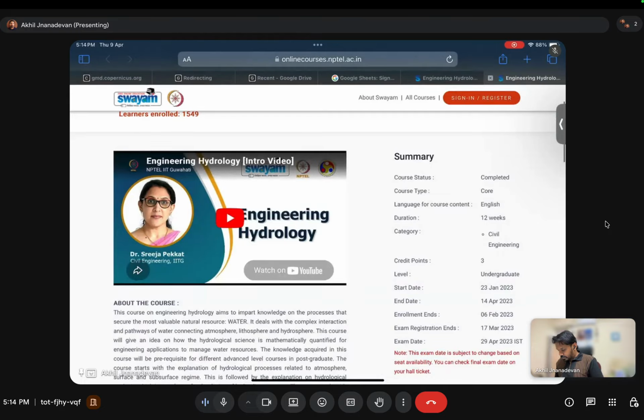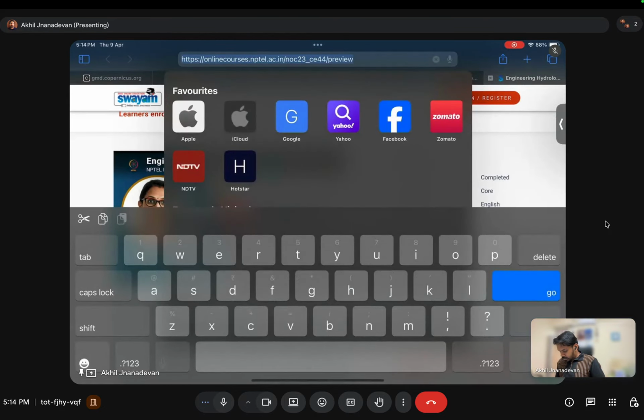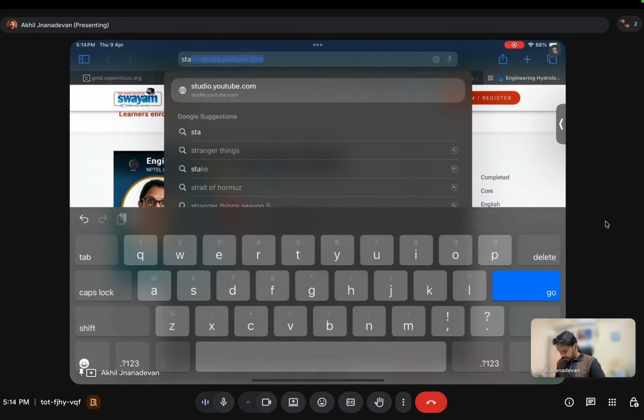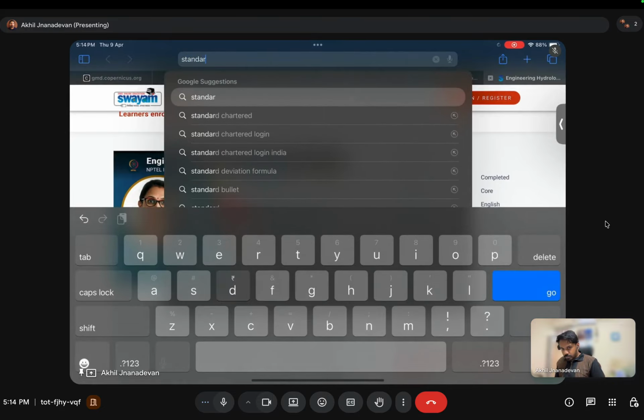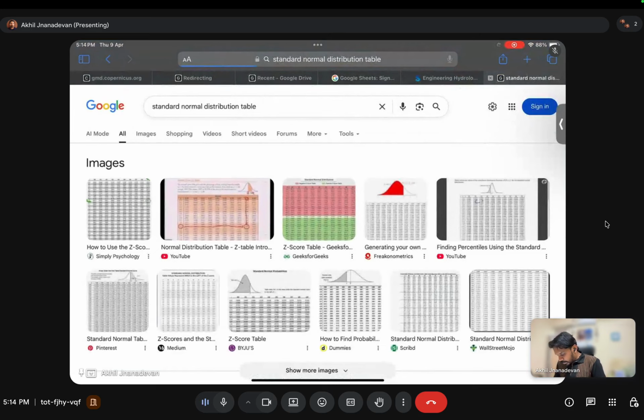So if we search standard normal distribution tables, there will be a number of tables, so you can take any one.